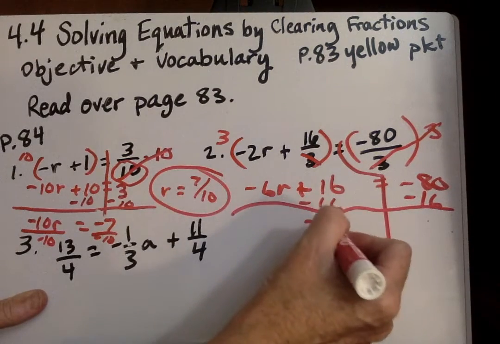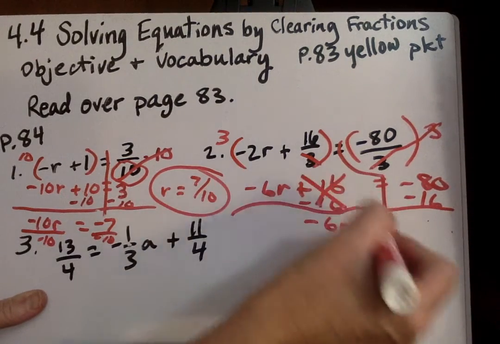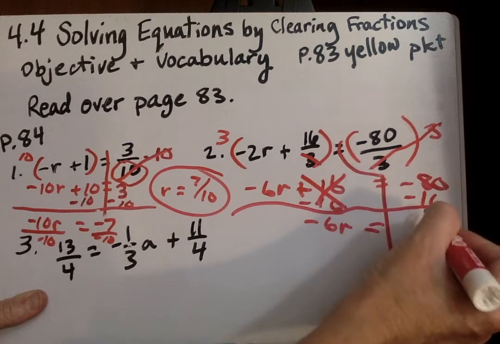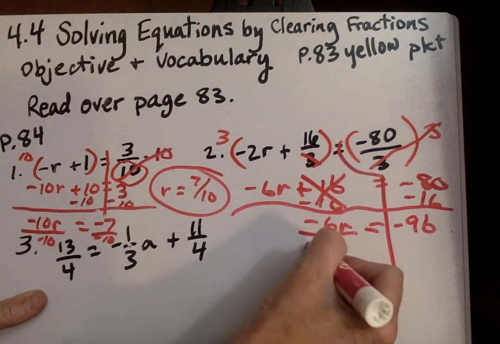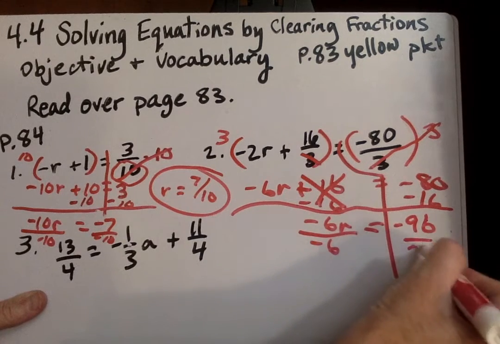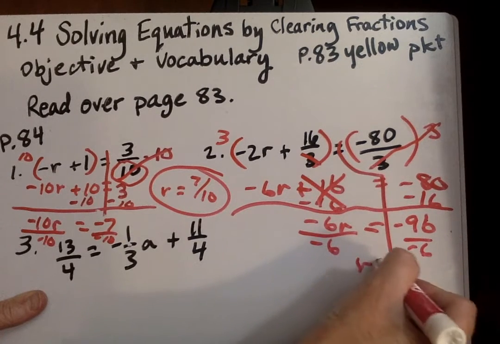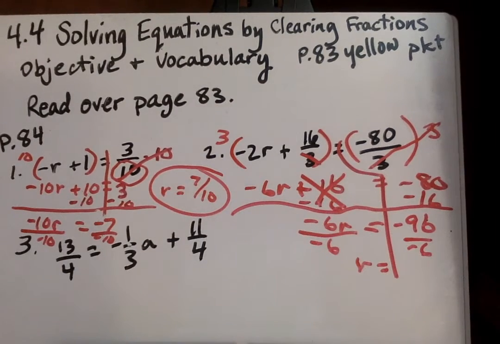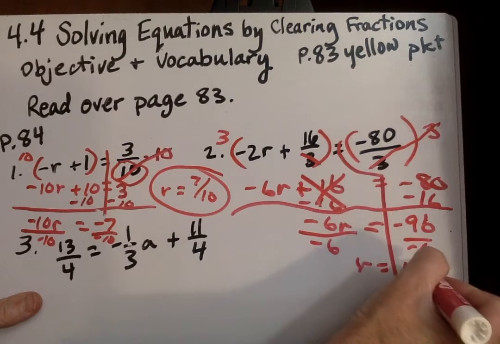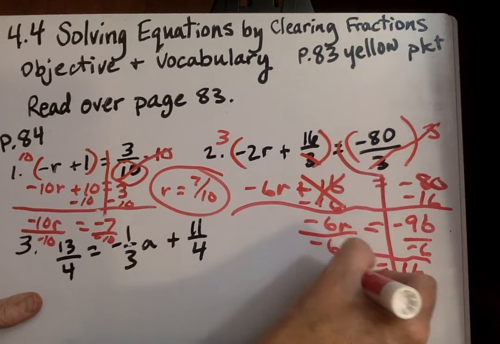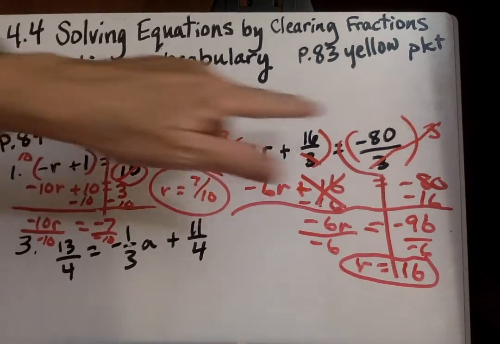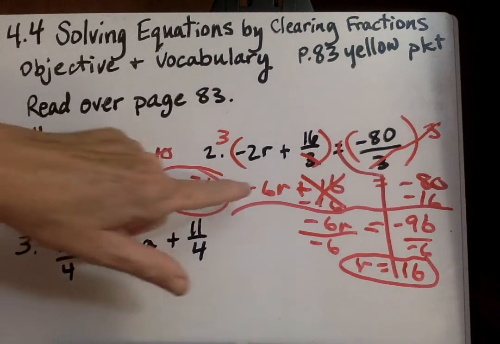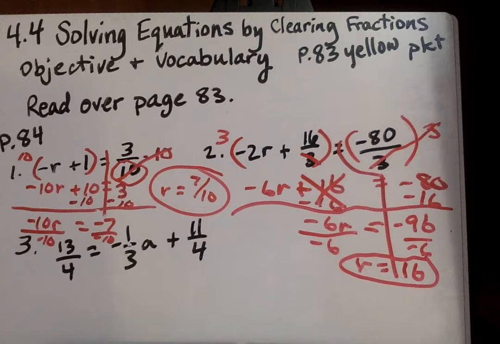Then I say negative 6r equals negative 80 minus 16, negative 96. Divide by negative 6, and we get r equals 16. And we're done. Again, multiplying by the denominator on both sides makes it a nice, easier problem to solve.